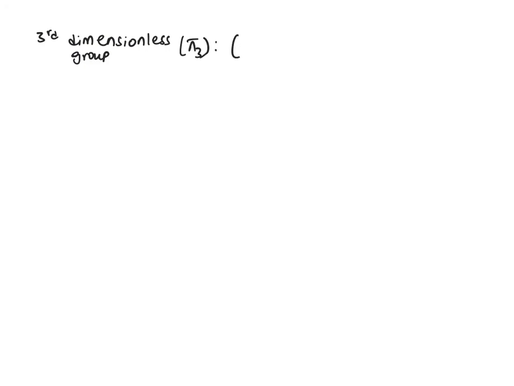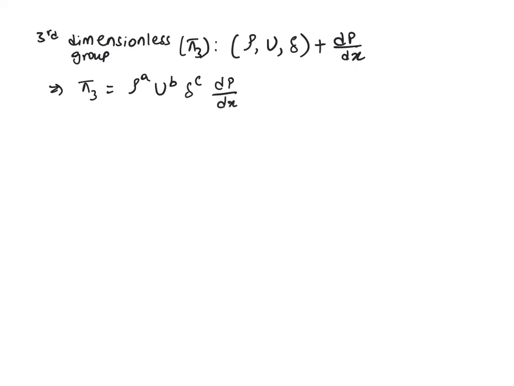Again we'll have the common variables rho, u, delta, plus dp by dx. So we'll write pi 3 as rho to the power of a, u to the power of b, delta to the power of c, dp by dx whole raised to the power of 1.